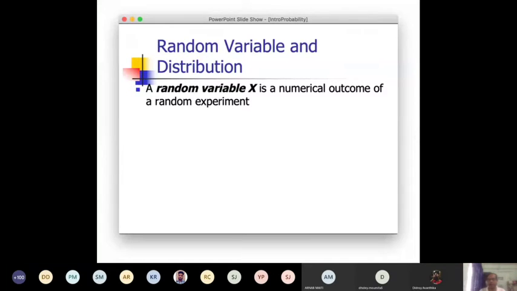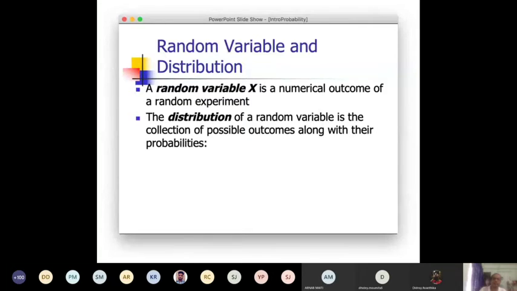So far I have discussed events and their probabilities. Let us consider the event as an outcome of a random variable x. It's a numerical outcome of a random variable x, and then what is the distribution of that outcome? That is what we consider a distribution of a random variable: the collection of possible outcomes along with their probabilities.